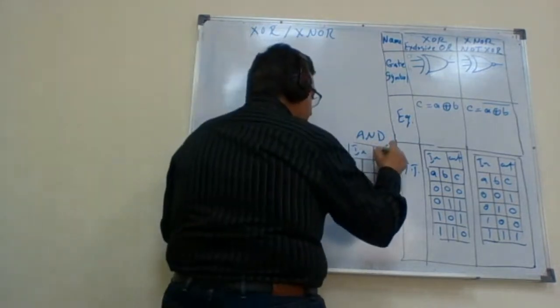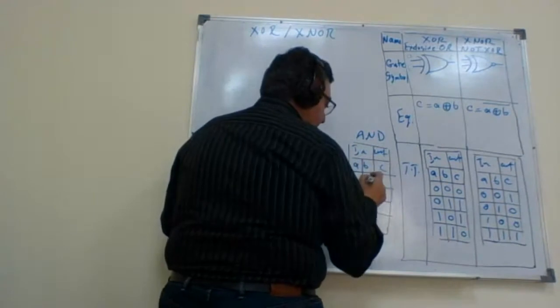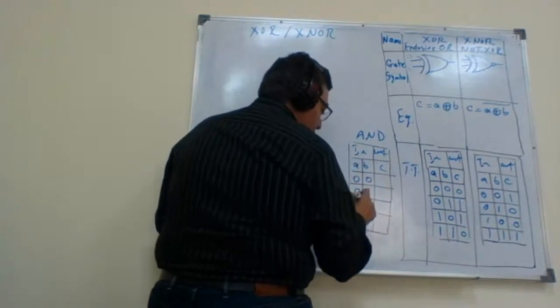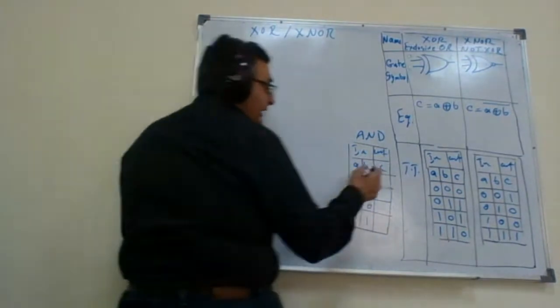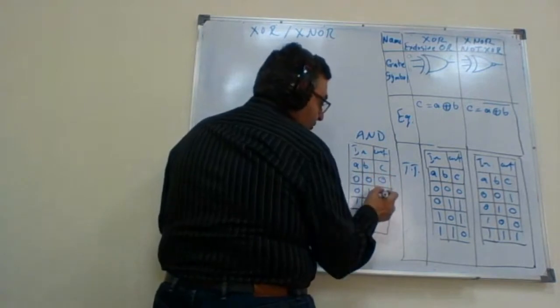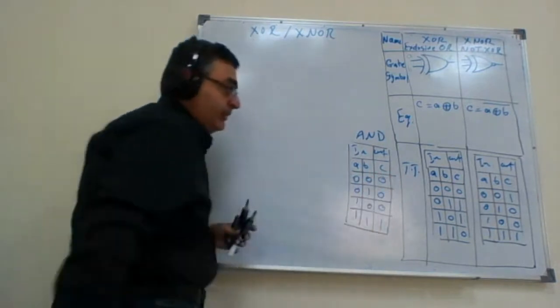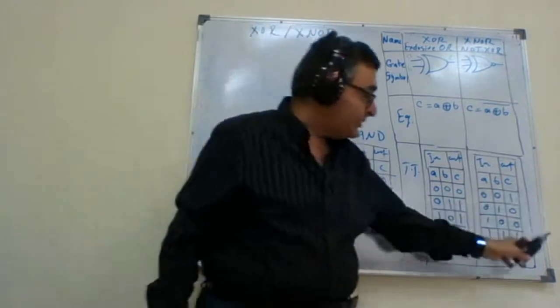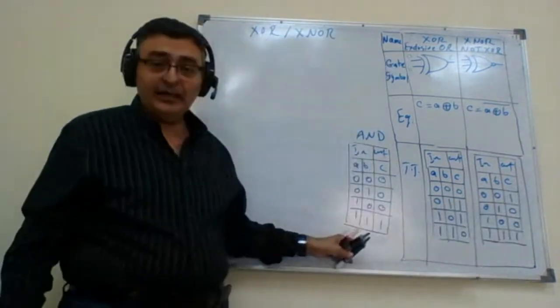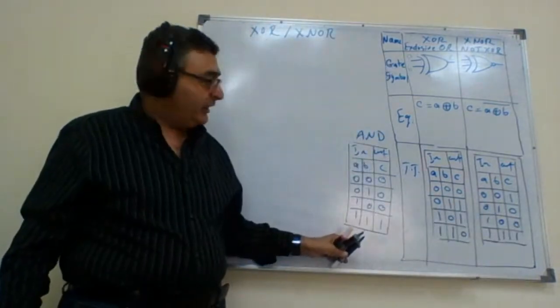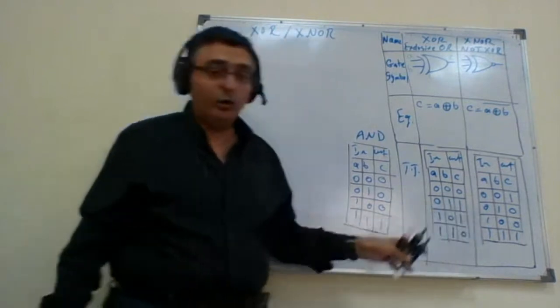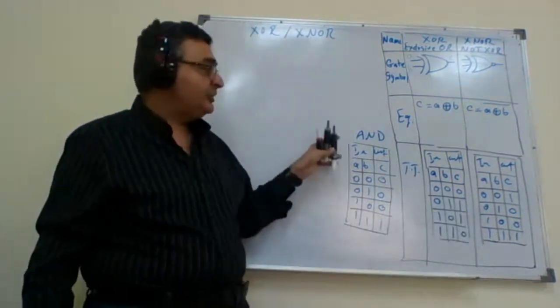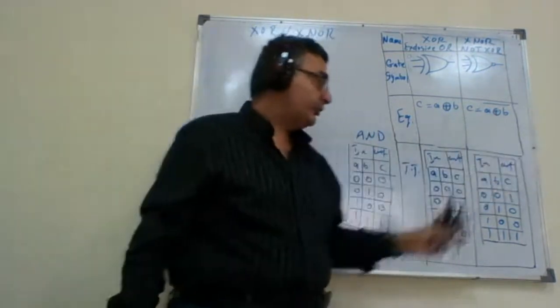In, out, A, B, C: 0, 1, 0, 1 and 0, 0, 1, 1. So the AND is, do you still remember? 0, 0, 0, 1. If you look at the AND and the XNOR, you will find that, similar to the relationship between an XOR and the OR, I have a similar relationship between the AND and the XNOR.